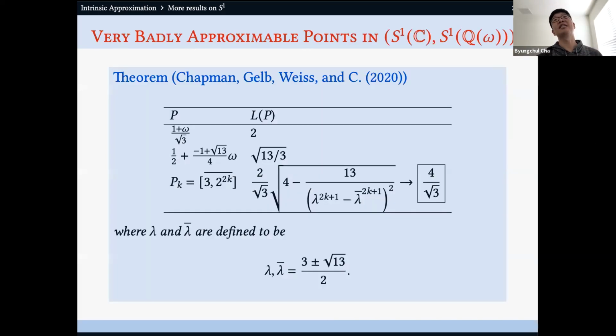And using that, you go through the combinatorics, and then you again find enough forbidden digits. And finally, we're left with these very badly approximable points. So the theorem we're able to prove using that combinatorics is that the very badly approximable numbers are now characterized by these numbers.